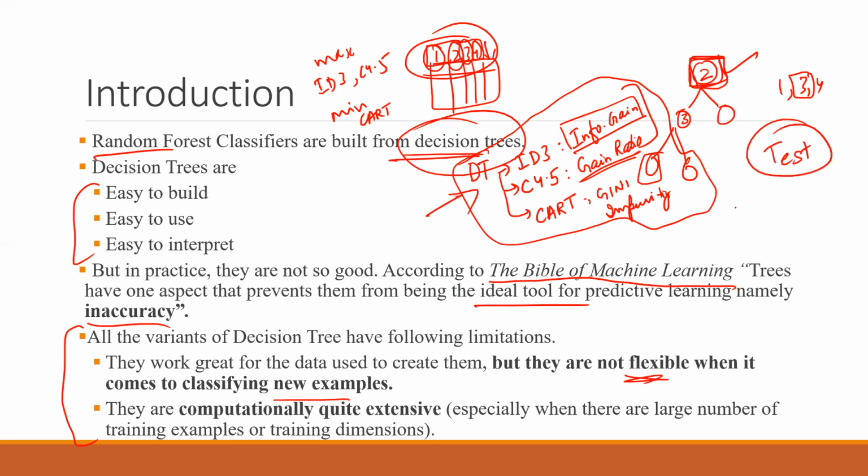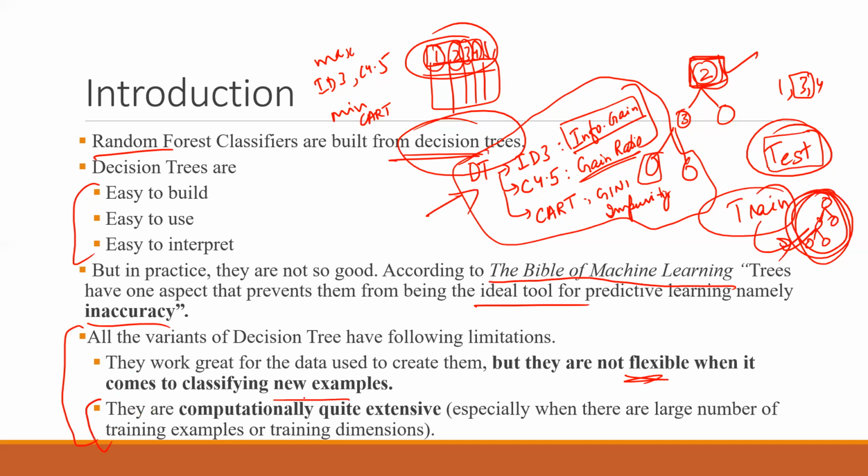Obviously, when we have a training data set, we will make a decision tree based on the training data set, and it will work well. If we ask this decision tree to make a classification on the training data set or maybe validation, it might work well. But if something has not been seen earlier, let's say something new has come from the test data set, for that it might not make the right prediction.